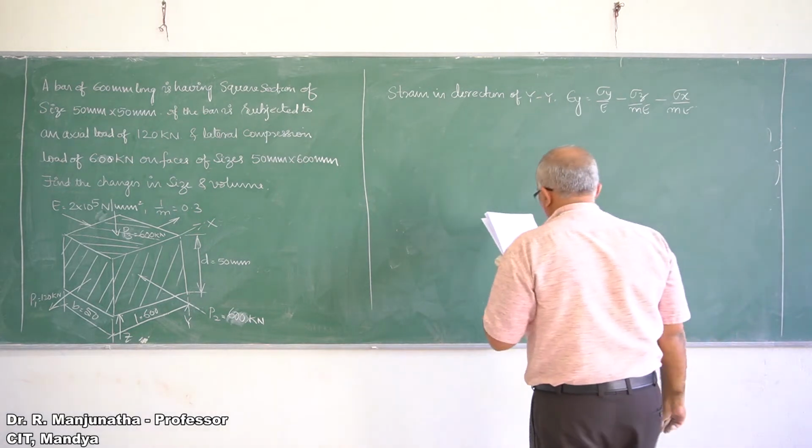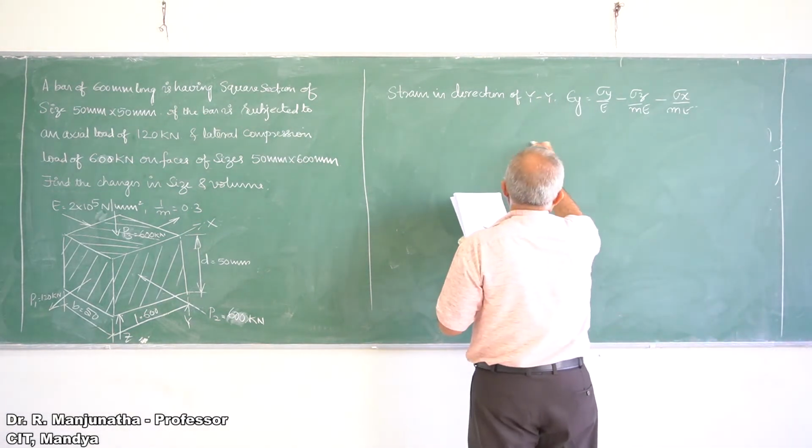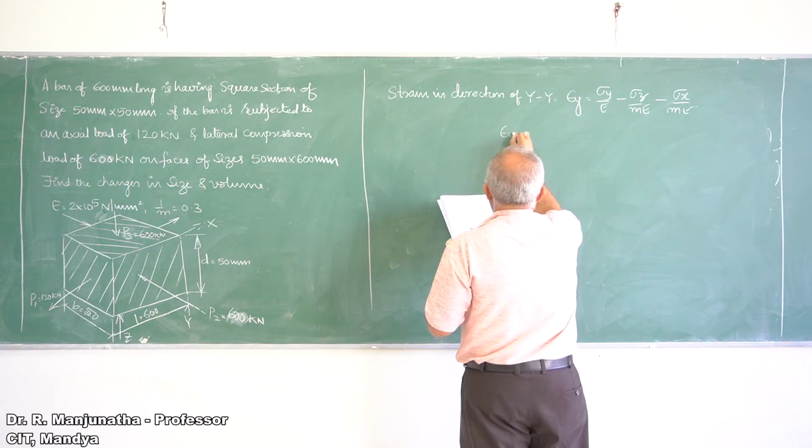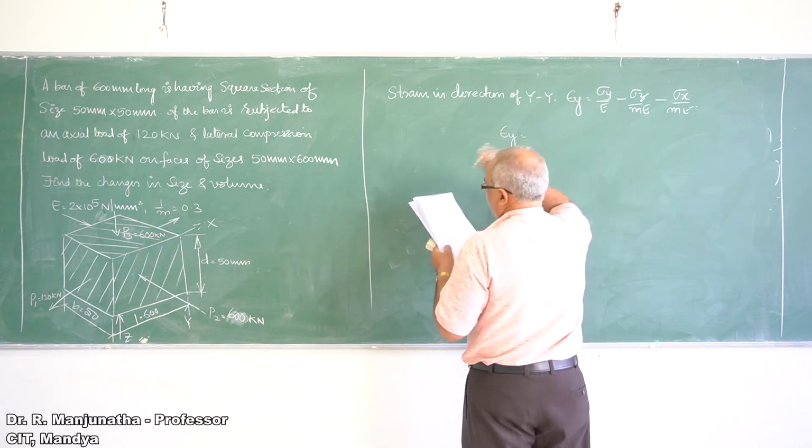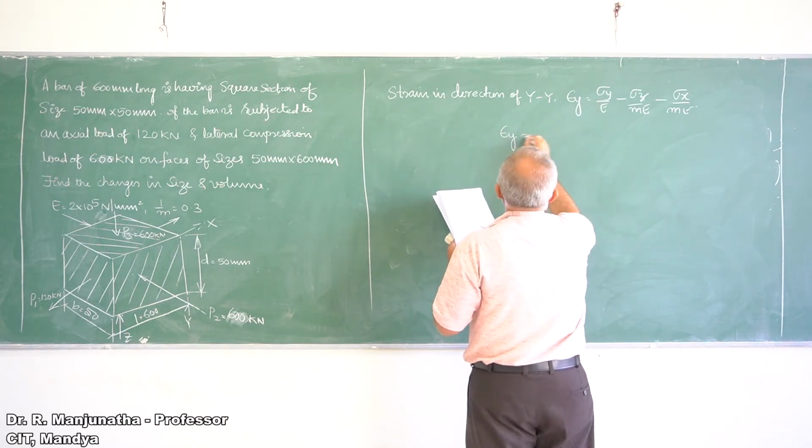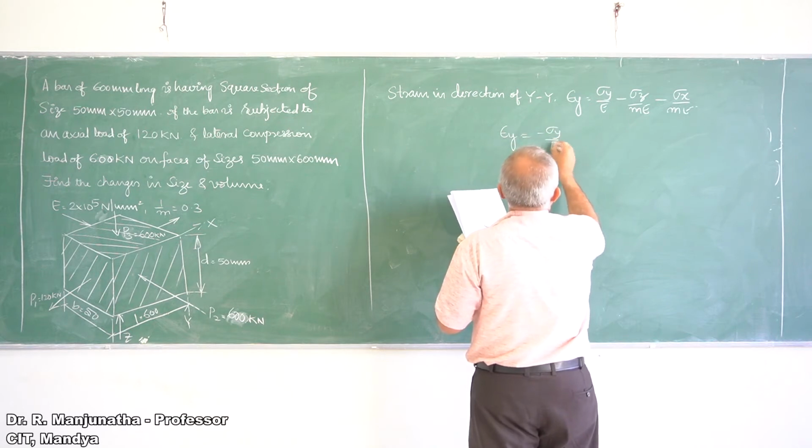So when we are considering this, in this case sigma y is negative, so minus sigma y by E because it is compressive.